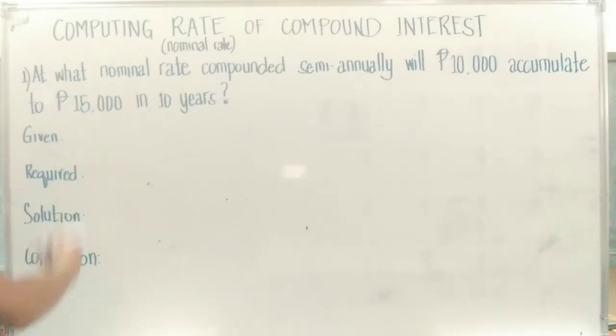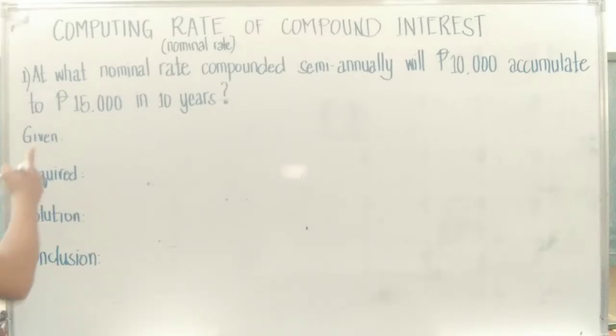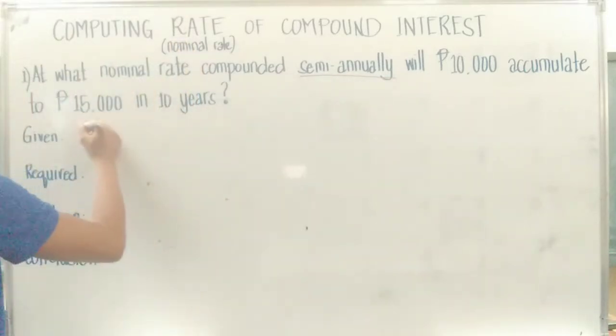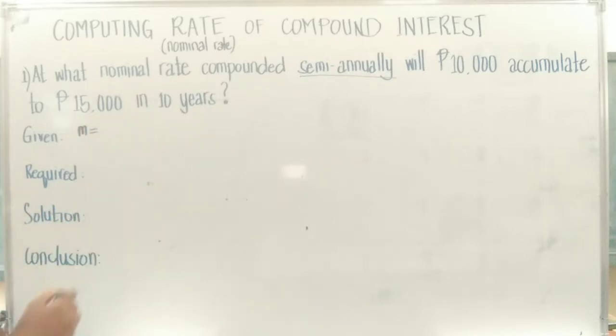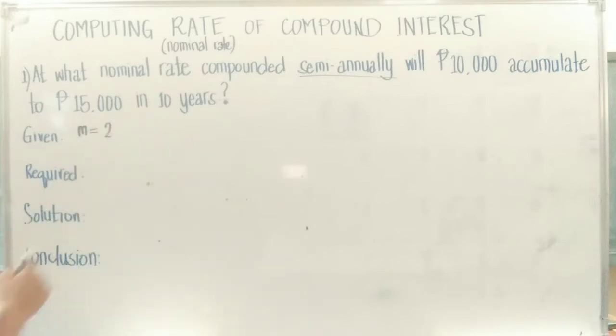Using the steps, we first identify the given data from the problem on the board. The given are semi-annually, so that will be your frequency of conversion, twice a year, every 6 months.